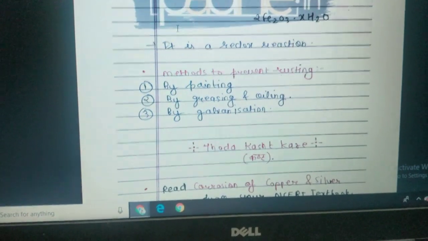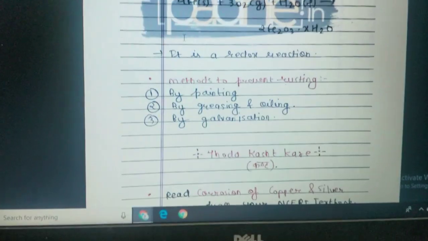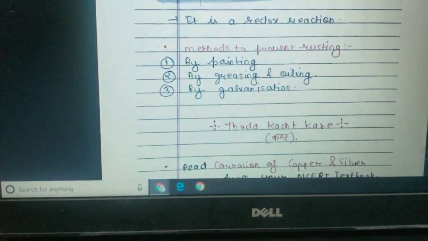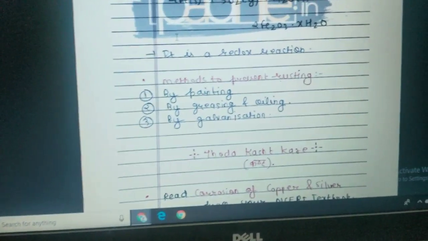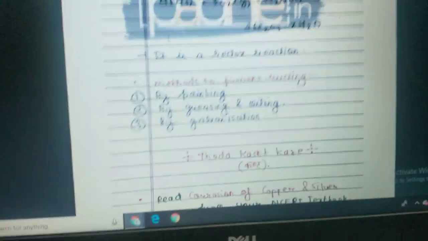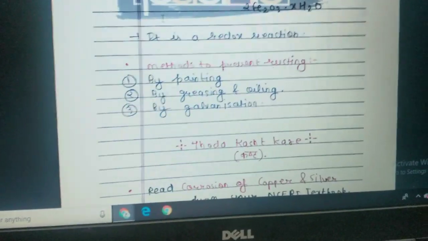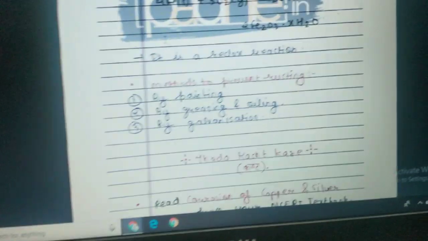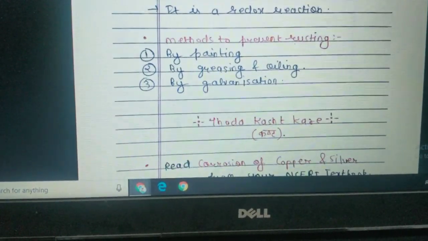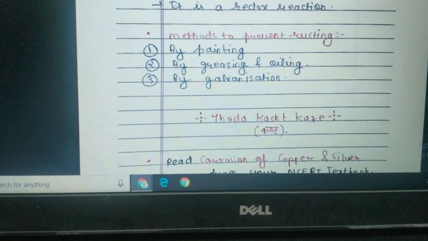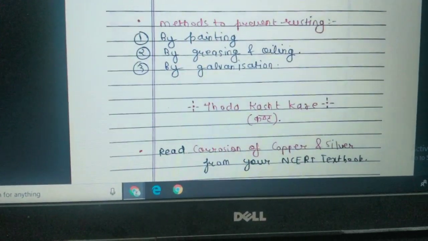Methods to prevent rusting: by painting we can prevent rusting, by greasing or oiling the object we can prevent rusting, and also by galvanization we can prevent rusting.